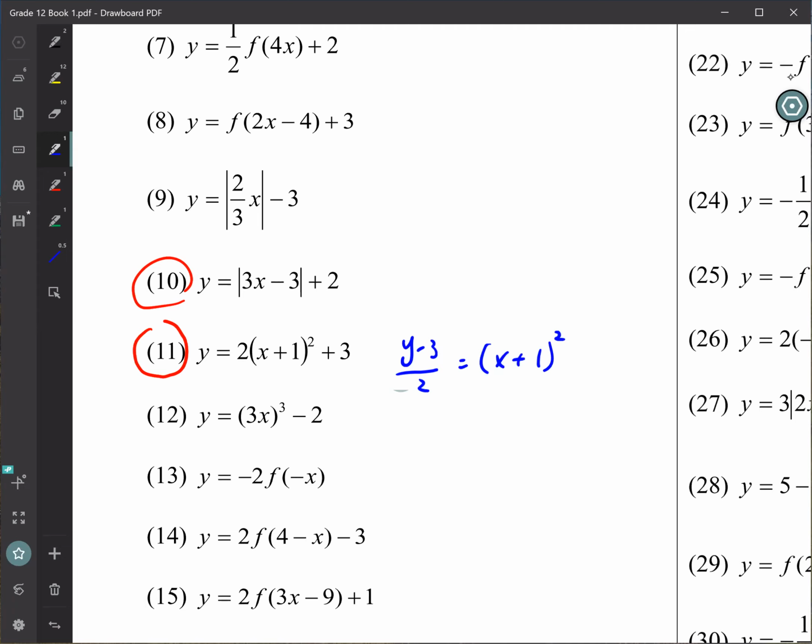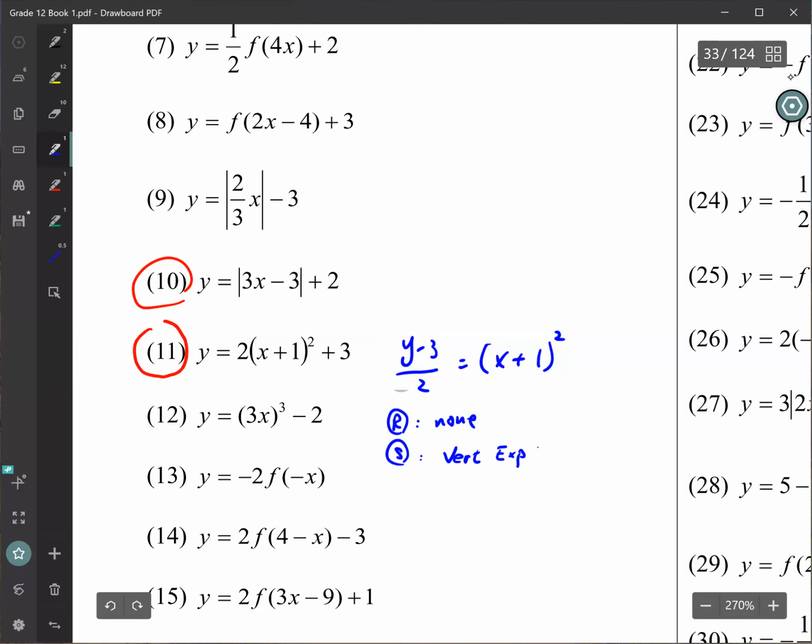And Kelly, what's the R? No reflection. Very good, thank you. And then Tiana, what's the S? Vertically compressed by 2. Compress? Oh, no, expand. Yes, okay. Expand by 2. And T, Donna.